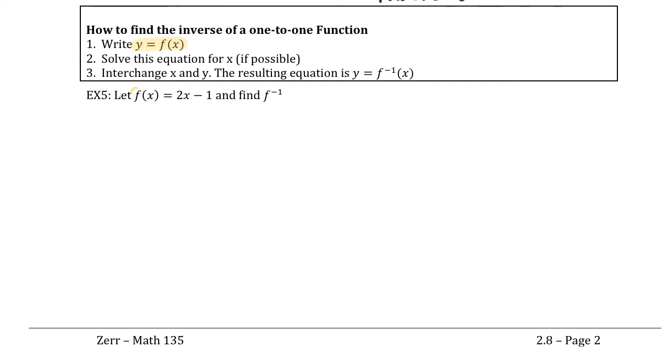I'm going to replace f of x with y. Okay, I'm going to solve for x, so adding 1 to both sides. Dividing both by 2, we would get either x is equal to 1/2 y plus 1/2, or we could have written it as y plus 1 all over 2.